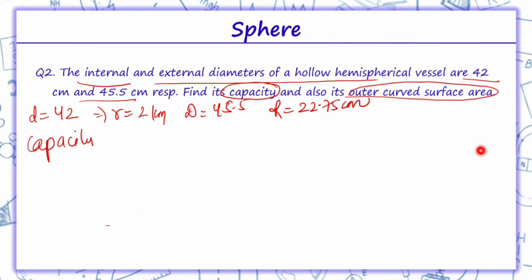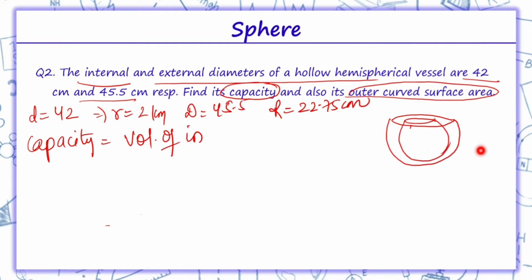So capacity is basically volume of internal hemisphere, because if we look over hollow hemispherical shell, in this shell only whatever liquid or whatever substance is to be kept. So this is volume of this hollow hemisphere.